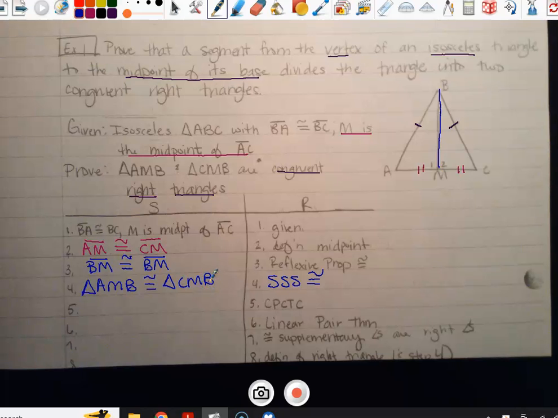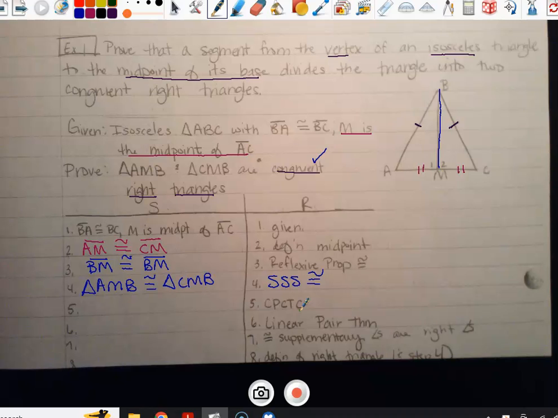All right, so here, if we go back to what we're supposed to be given or proving, I just proved that they're congruent. Now I've got to focus in on the fact that they're right triangles. Okay, step 5 is we're using that CPCTC. Corresponding parts of congruent triangles are congruent. Well, what do we want to prove is congruent? What parts of the triangle do we want to prove that are congruent?